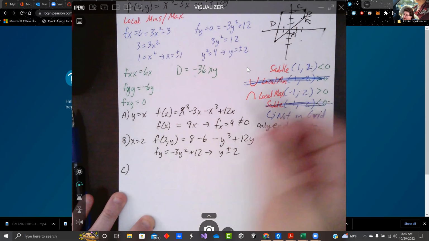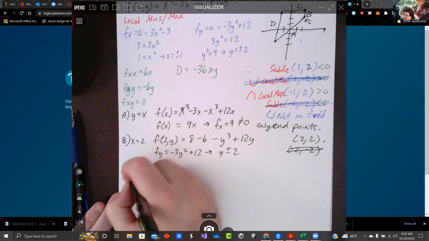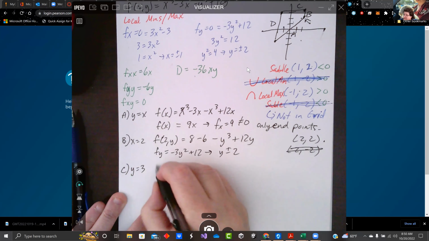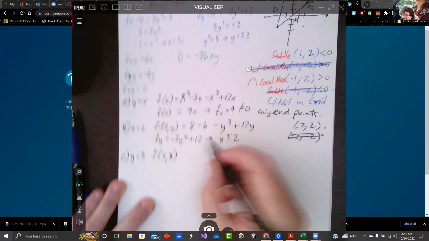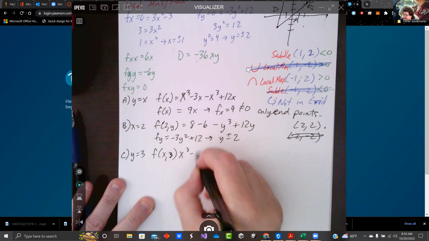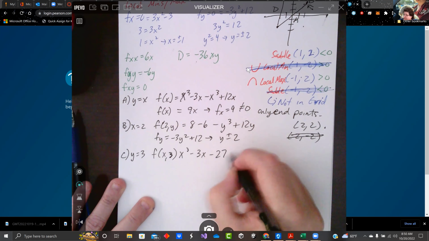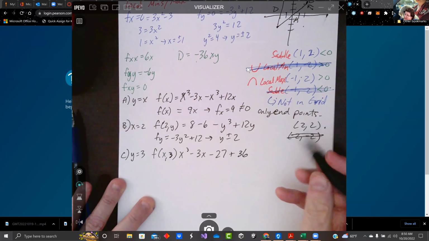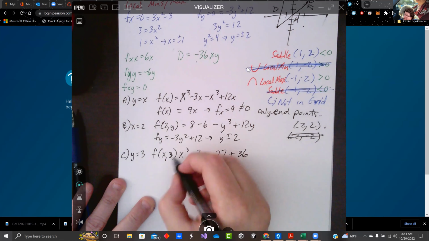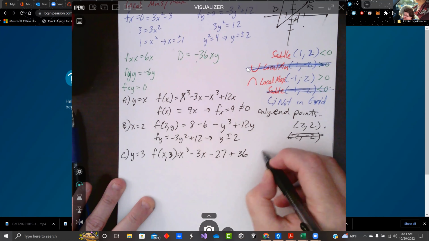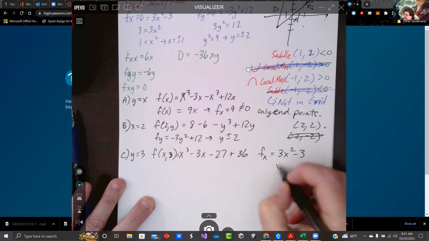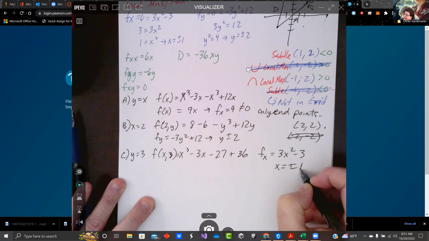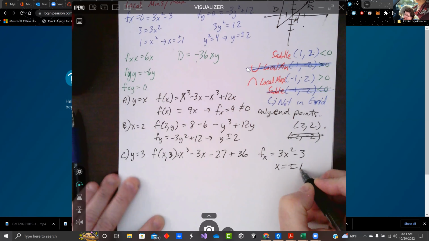If we look at C, along C, y equals 3. We've got x cubed minus 3x minus 27 plus 36. When we do f of x here, this is 3x squared minus 3. Again, we need x equals plus or minus 1, and that goes with 3.